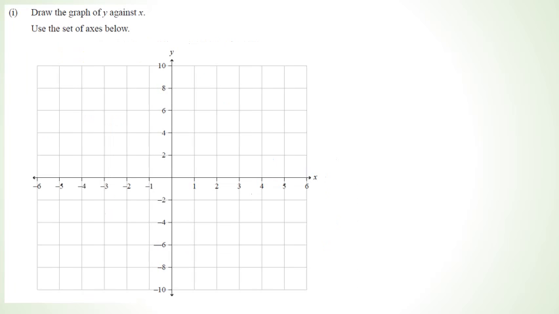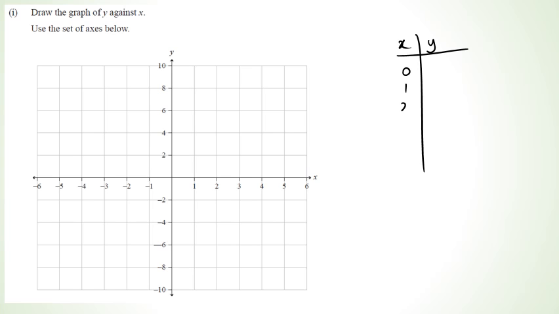Okay, so going to the actual question, it's asking you to draw the graph of y against x, using the set of axes below. Now we've got the points, just in case you've forgotten. I should have copied that table, but I'm just going to write it down here. I think it was x and y.